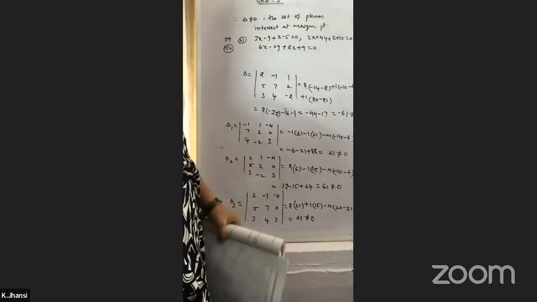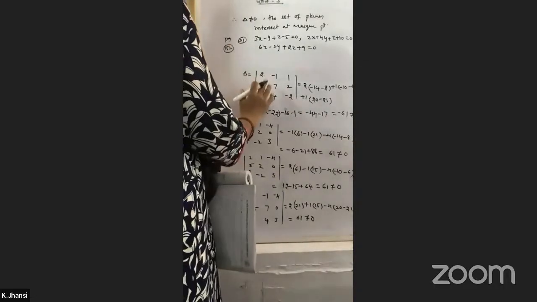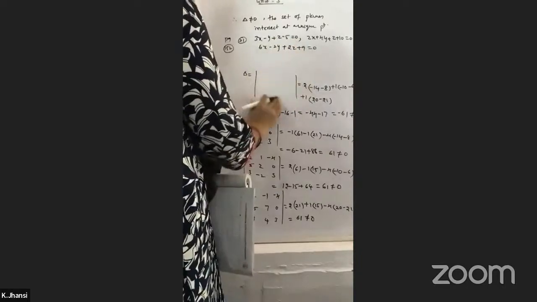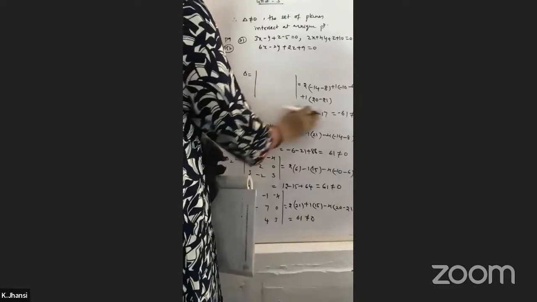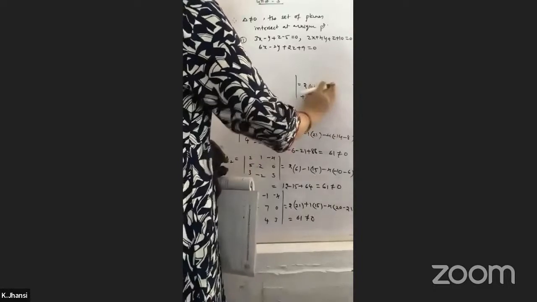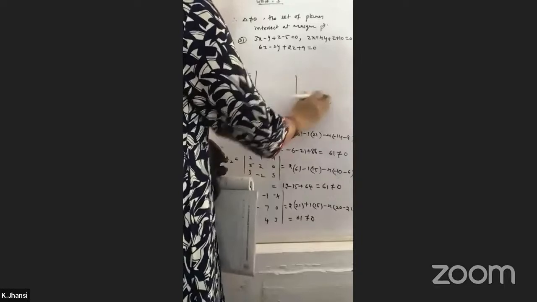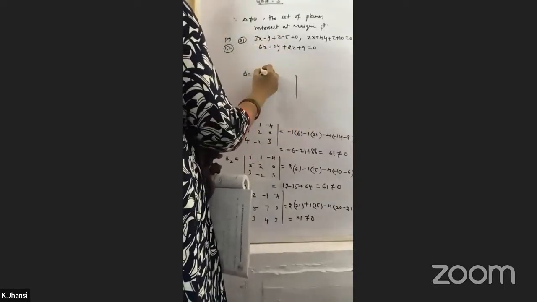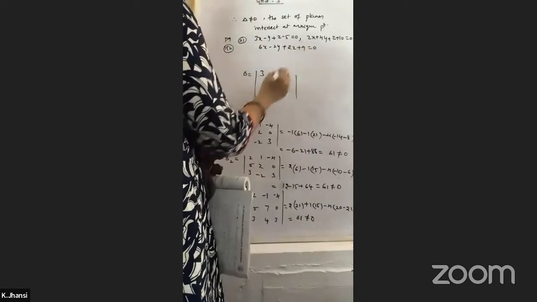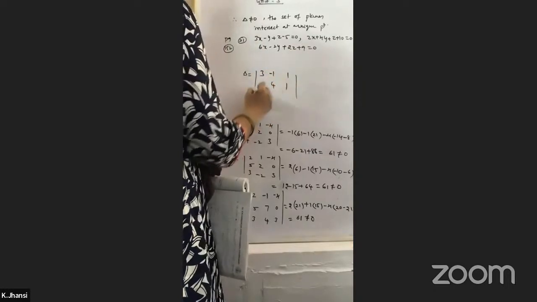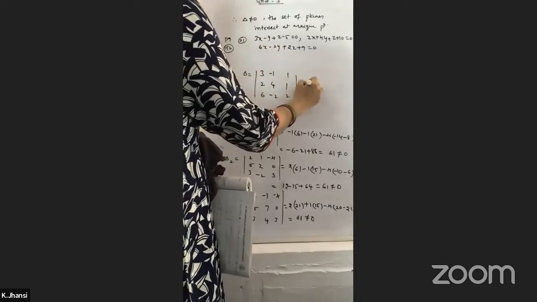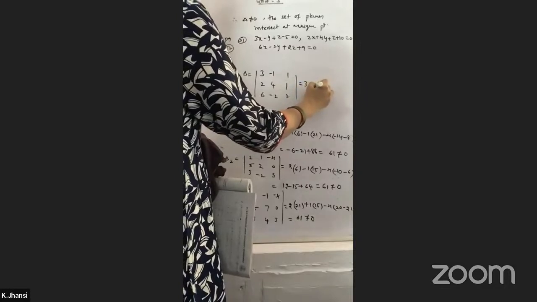Now we have to find the delta, delta 1 and delta 2 and delta 3 values. So delta means, check here whether you are getting the first delta value as 0. So first delta is 3 minus 1, 1. Next 2, 4, 1. Next 6 minus 2, 2. Okay. 3 into 4 times 2 is 8 plus 2.